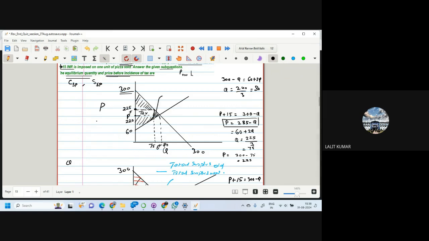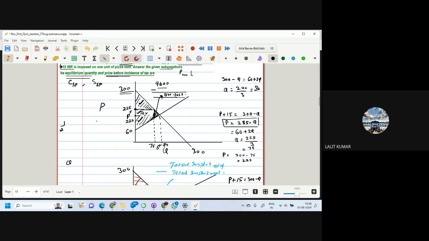And the best way to find the deadweight loss, instead of calculating geometrically from here, is to take the earlier total surplus, which was 9600. Now we find the surplus here: consumer surplus plus tax plus producer surplus, and subtract this. So we get the deadweight loss. In this case, the consumer surplus has become 300 minus 225, that is 75.